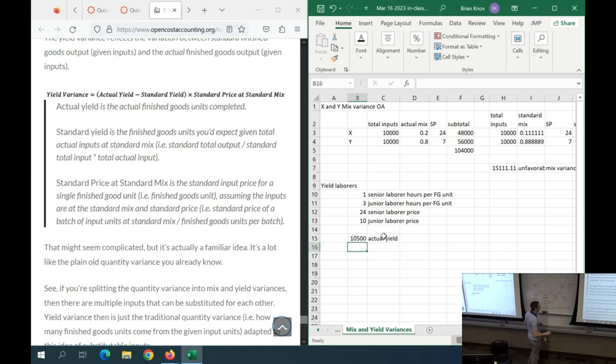Yield is going to be weird, and all of your rules about favorability are going to be reversed. I don't know all the reasons behind this, but when we break up the quantity into mix and yield, we stop talking about the quantity of inputs and start talking about the yield of finished goods.